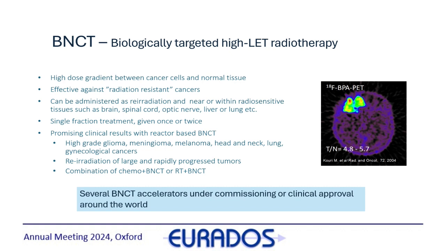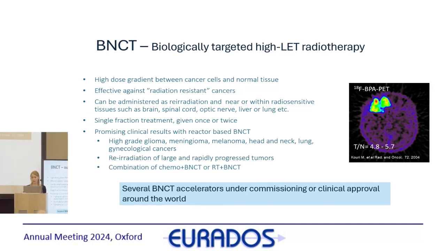We know that high-quality radiation is, at least in theory, effective against radiation-resistant cancers, and because of the dose gradient, we can administer BNCT irradiation near or within radiosensitive tissues such as brain, spinal cord, optic nerve, liver, lung. BNCT is given either in a single fraction treatment or sometimes once or twice.